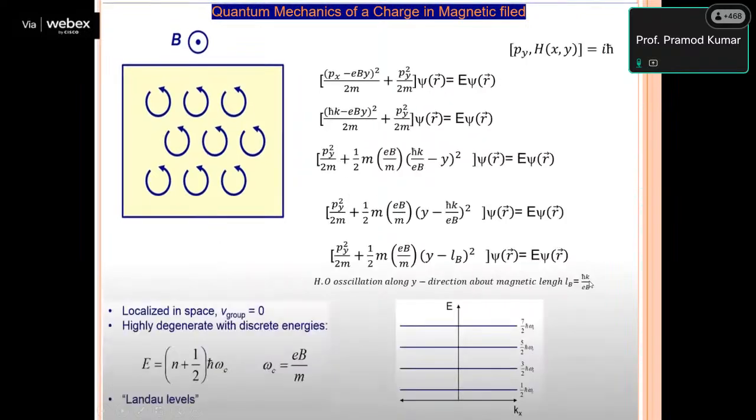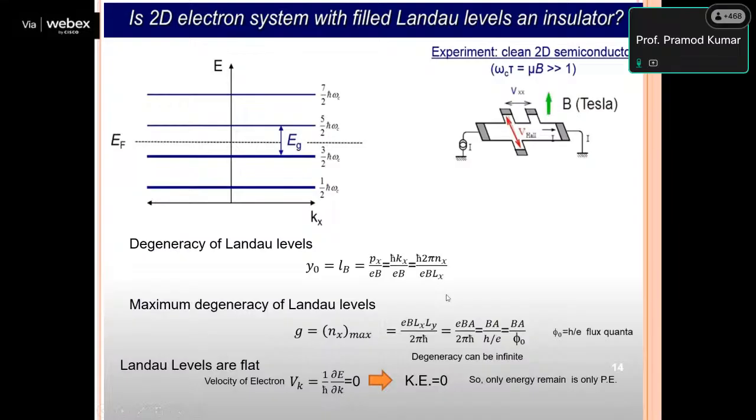K is equal to 2π n_x / L_x. So if you put in the value, you get ħ·2π n_x / (eB L_x). Now assume maximum degeneracy of the length.